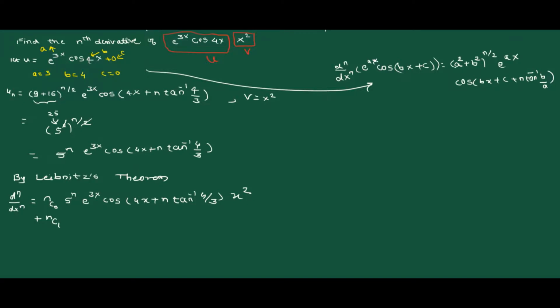Now this n is replaced by n minus 1. Just I will show you, this n is replaced by n minus 1. Here also this n is replaced by n minus 1.